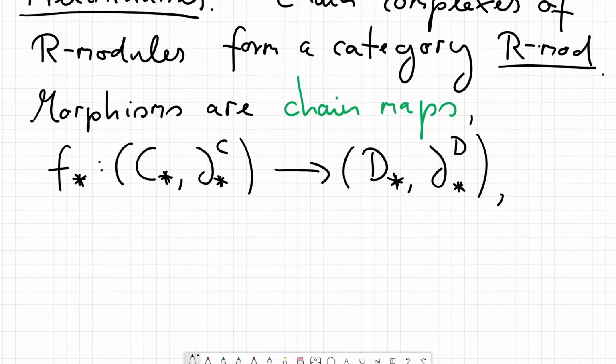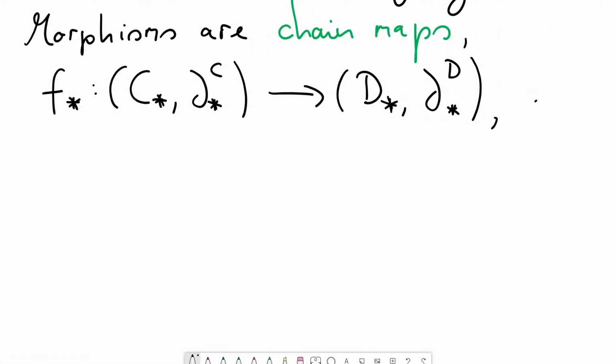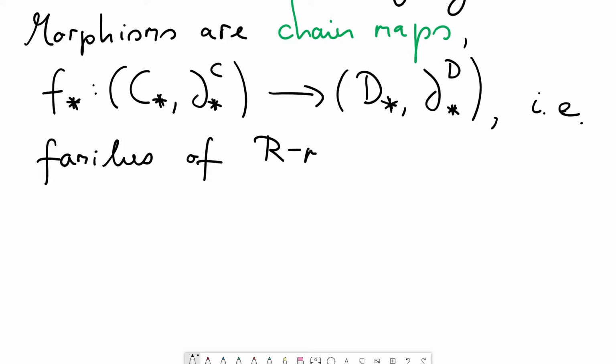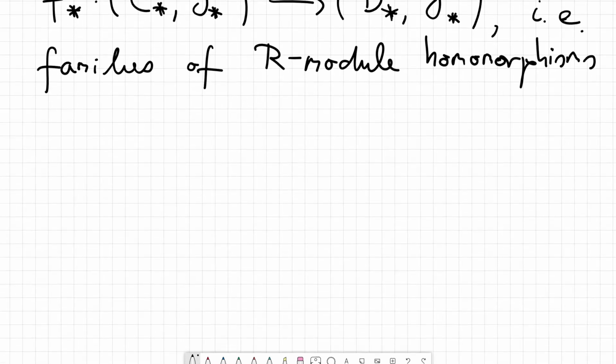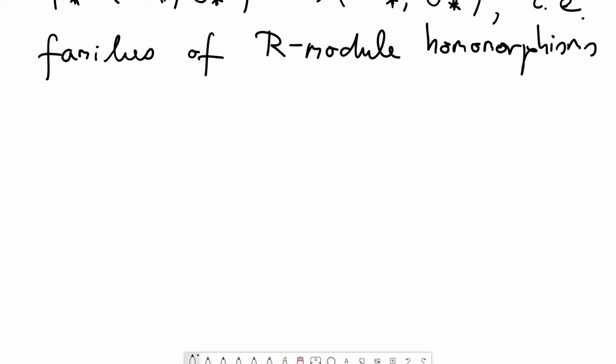And the other chain complex we denote by D star with boundary homomorphism ∂ star with index D. Okay, and what is such a homomorphism? Well, it's a family of homomorphisms of R modules, which gives sort of a commutative ladder of chain complexes, so that you have two rows, the chain complexes, and this family of homomorphisms are vertical maps between these two rows of chain complexes.